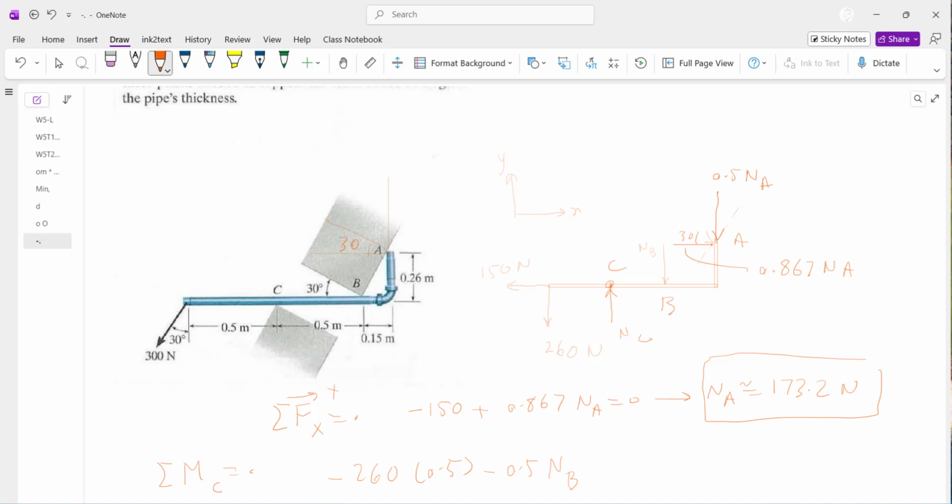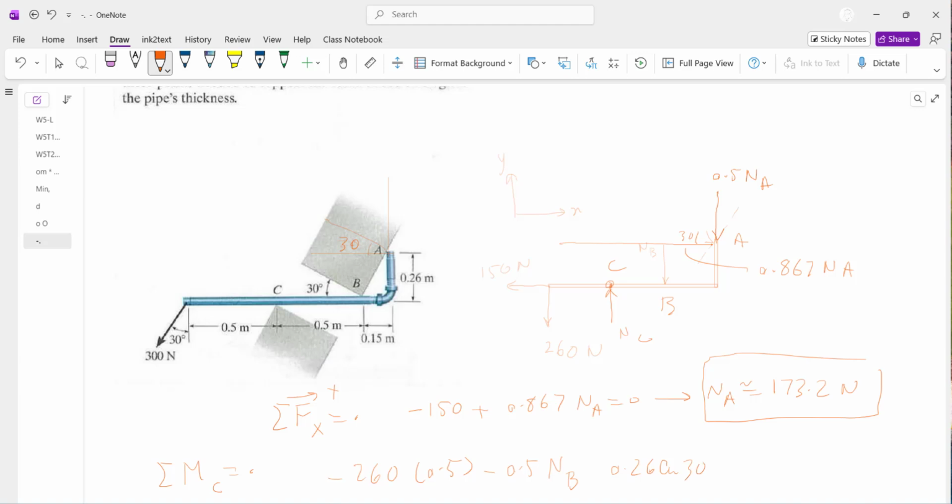And then this would pass above point C, and that makes a negative rotation. But the arm of rotation, this is the line of action for that component, and the distance from here to here is 2.6. So the arm of rotation is 2.6, and the magnitude of this one is cos 30 or 0.867 NA.